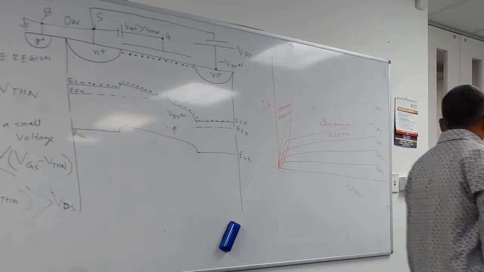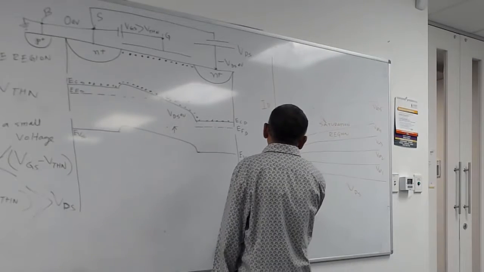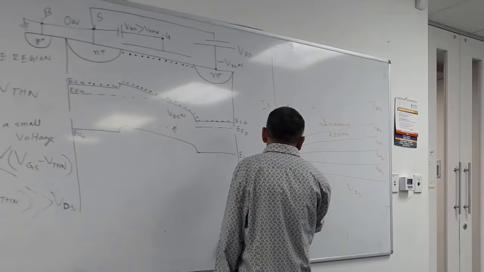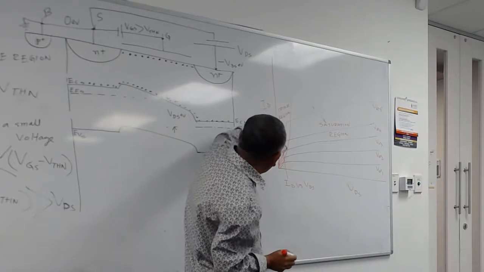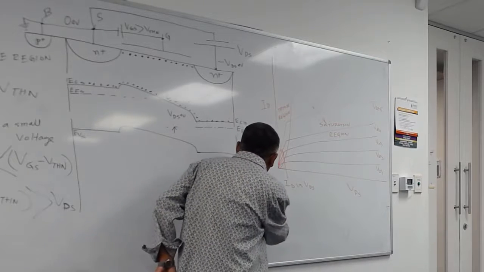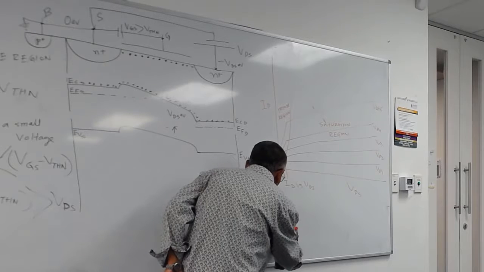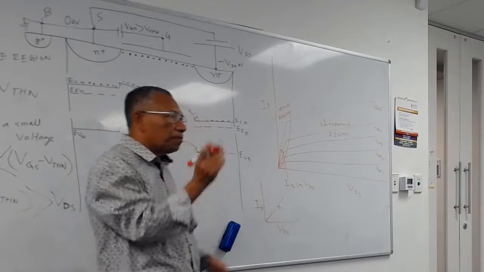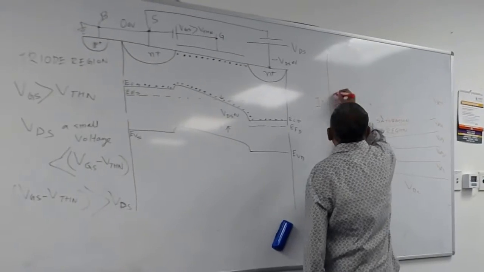If you look at the current voltage expression, this is a straight line. If you look at ID versus VDS, it looks like a resistance, isn't it? If you draw ID here and VDS here and draw a straight line, this looks like a resistance. That's why you can also call it the resistive region.